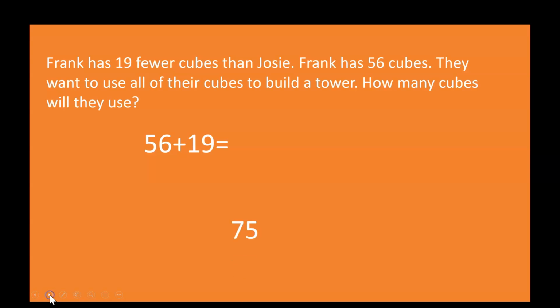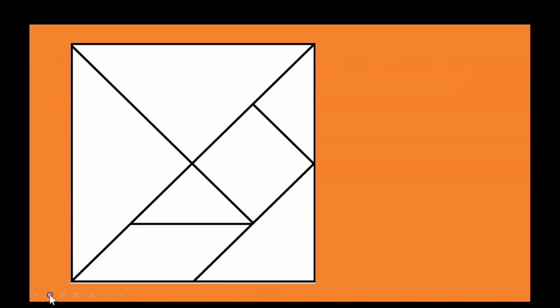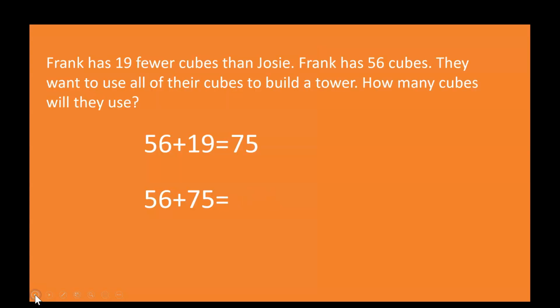Did you come up with 75? Great job. Now we can take the 75 and the 56 and add them together, because we know that Frank has 56 and we know that Josie has 75, as we just figured that out.